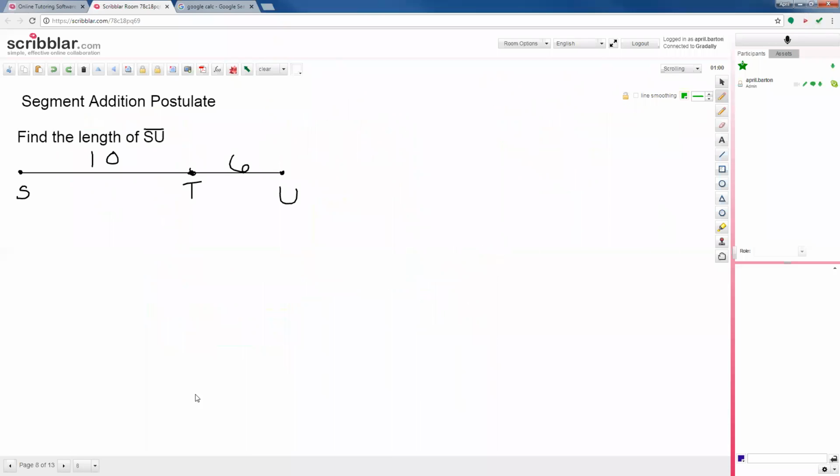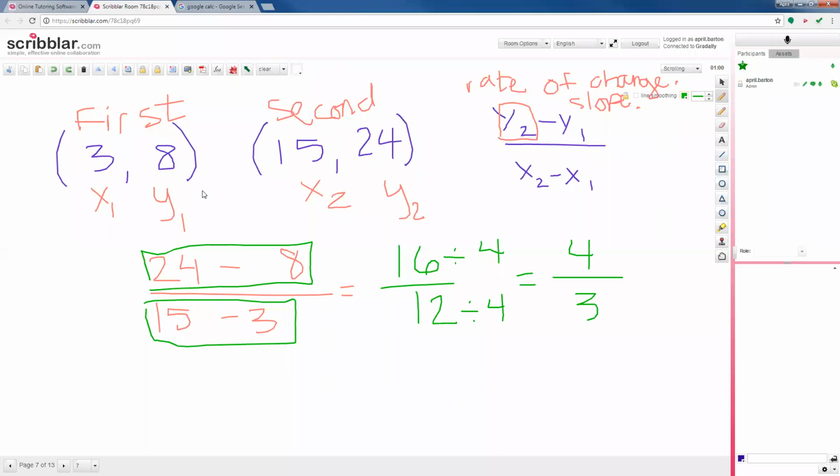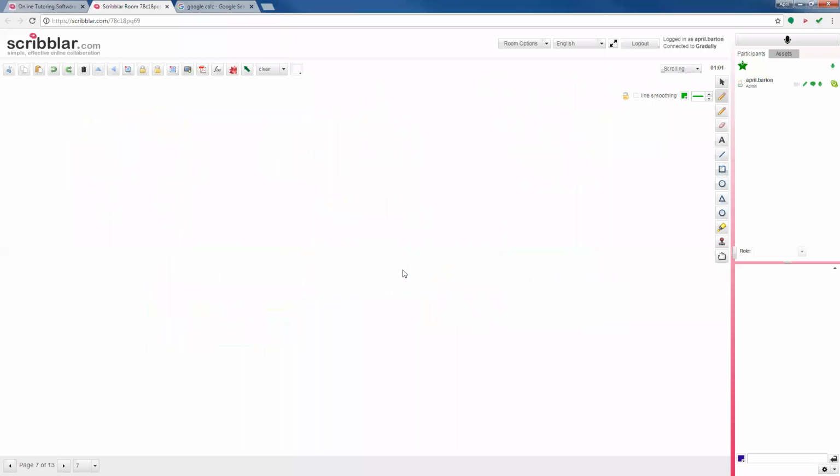If you're given a table, oh, I ran out of pages. I'll just erase this page and use this same page. If you're given a table, it's just a list of points.